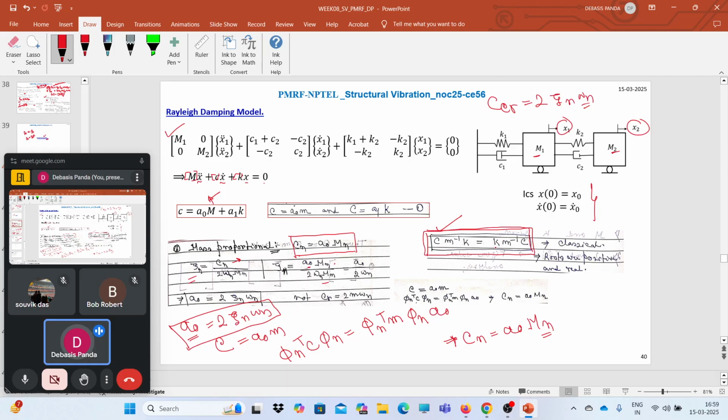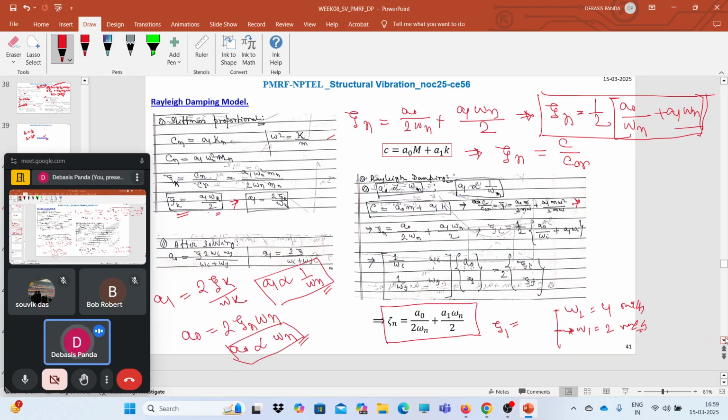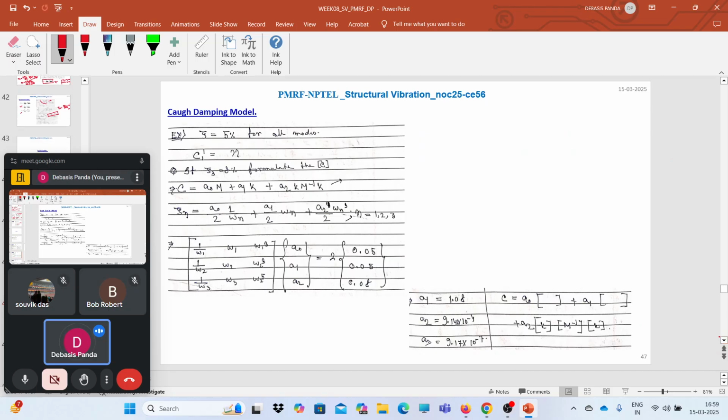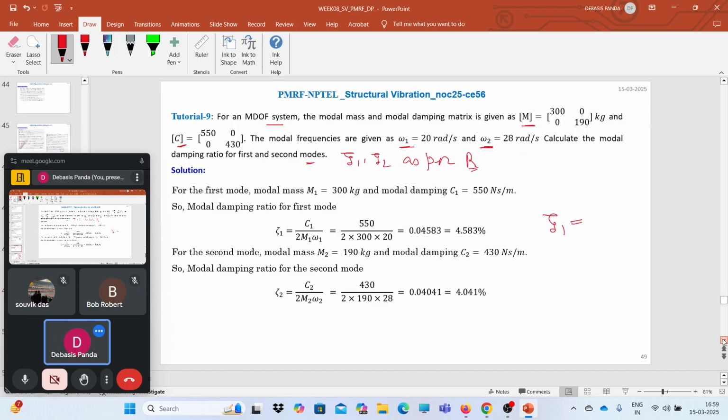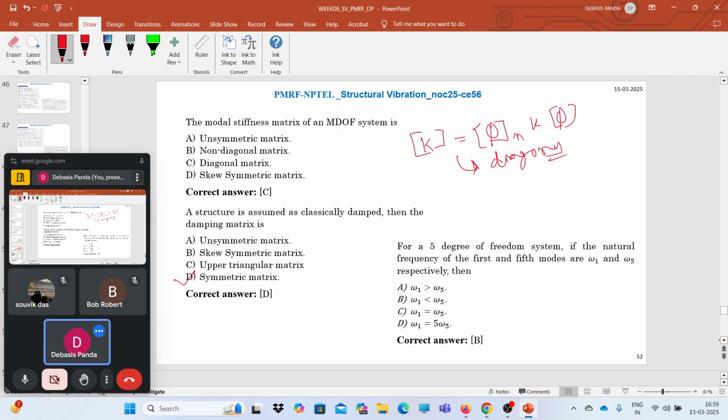That means all the roots will be positive, correct? To satisfy this property, it needs to satisfy the orthogonal properties. That's why the answer will be orthogonal. Only when the matrix is symmetric will that property be satisfied.